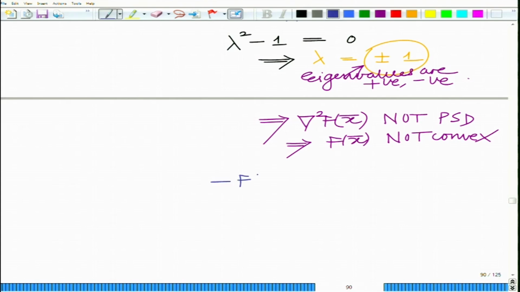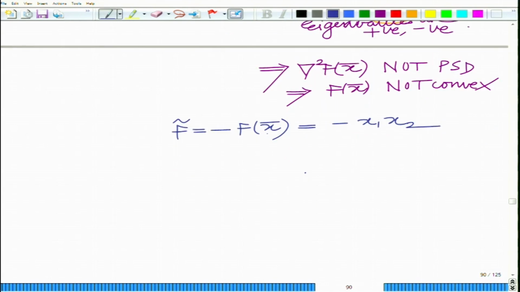For that, consider f tilde equals minus f of x bar. Remember, f of x is concave if minus f of x is convex. So, we consider minus x1 x2. Now, consider the Hessian of f tilde. The Hessian of f tilde is simply minus the Hessian of f. So, this will be 0 minus 1 minus 1 0.